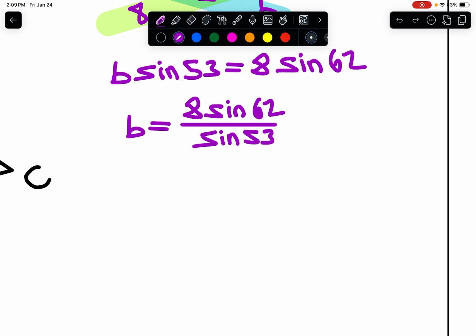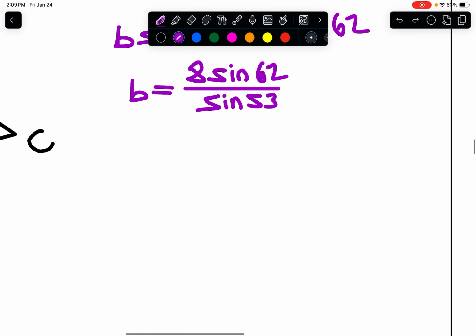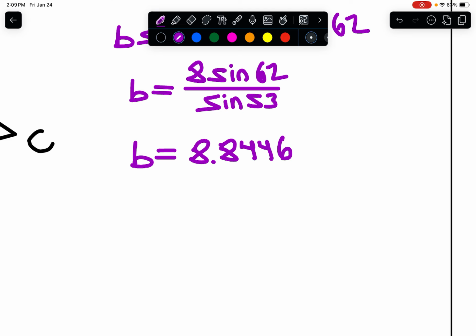I have my calculator right next to me. I know y'all can't see it, but that's okay. When I type in 8 sine 62 over sine 53, that's going to give me a B value of 8.8446.